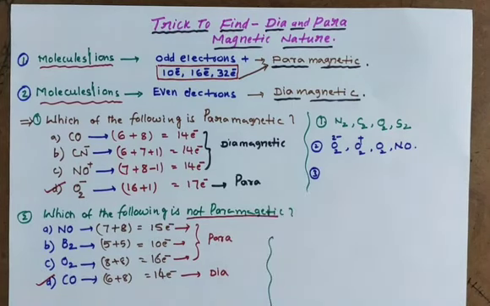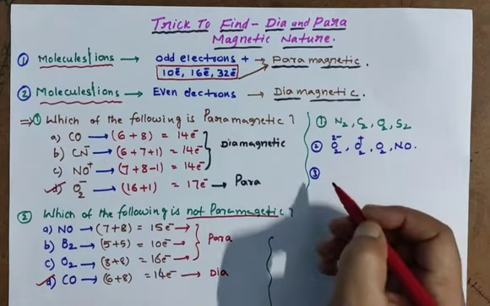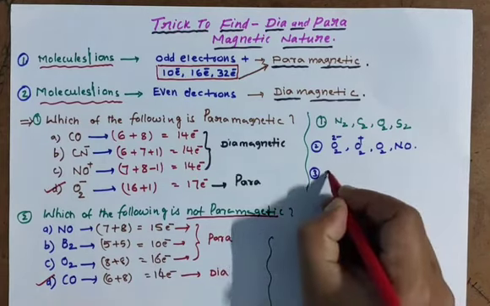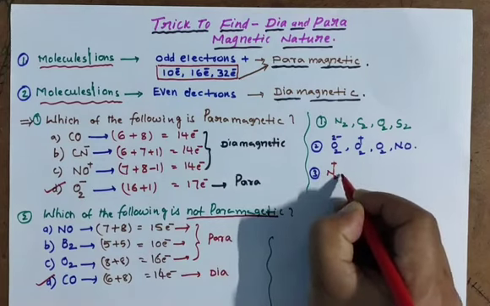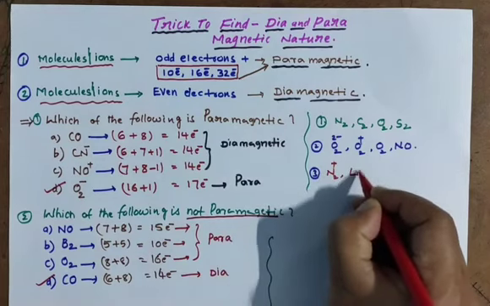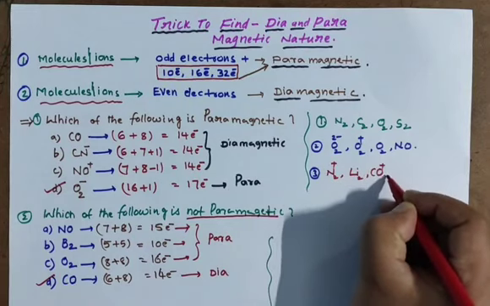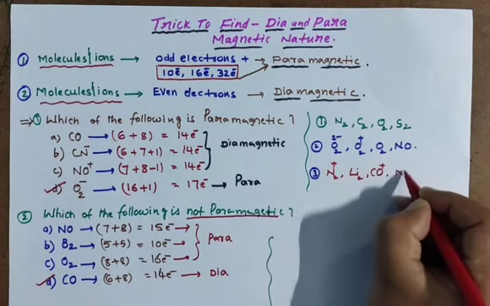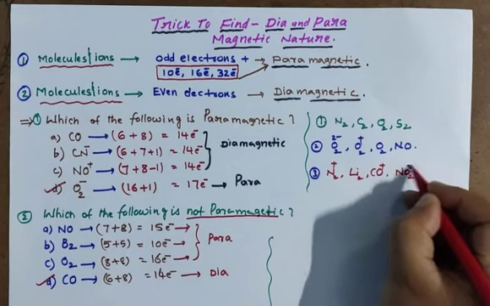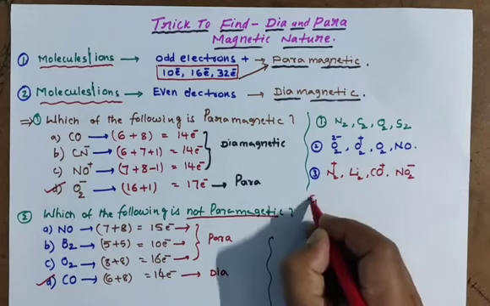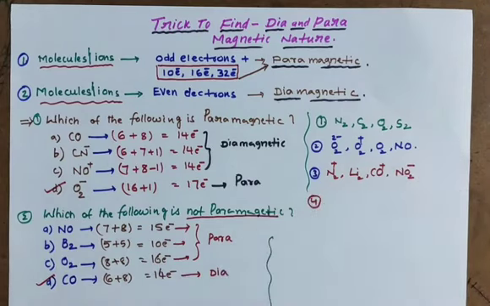And practice one more like this. The question is given like this: N2 plus, Li2, CO plus, NO2 minus. You practice this question also, and somewhere it will be useful for you, for your future.